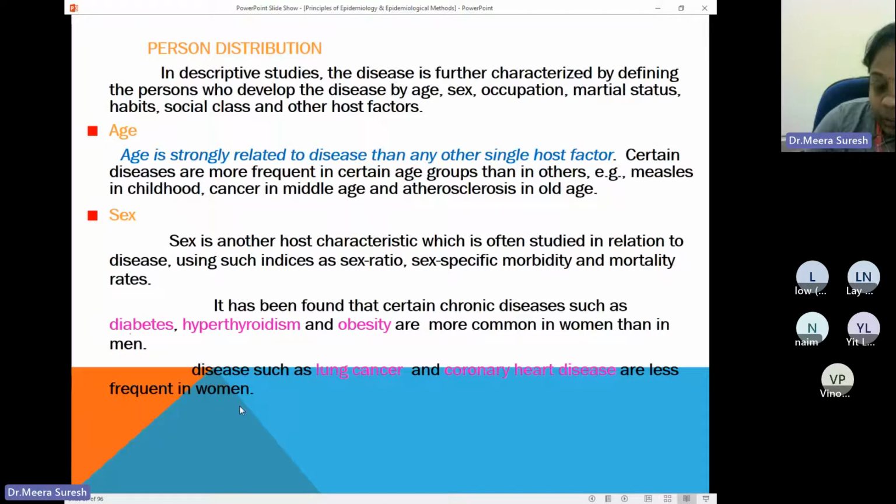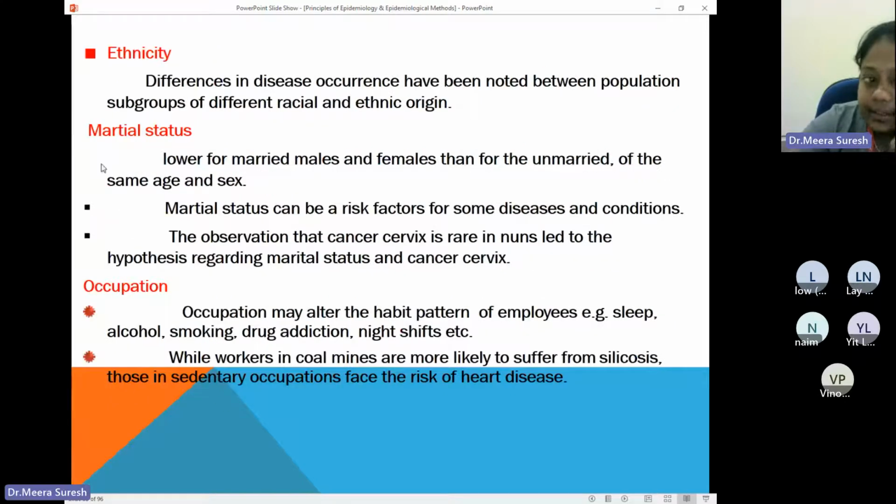So the example that lung cancer and coronary heart diseases are less common in females, in the coming 10 to 15 years, the scenario might change. If more and more women go for substance abuse, they are also going to get affected by these diseases. However, we can classify the diseases commonly seen in a particular gender. Then ethnicity: we also study some diseases that are very common in particular ethnic people.